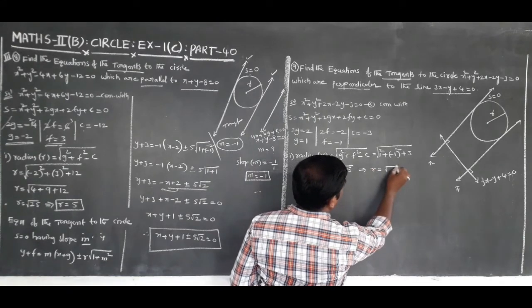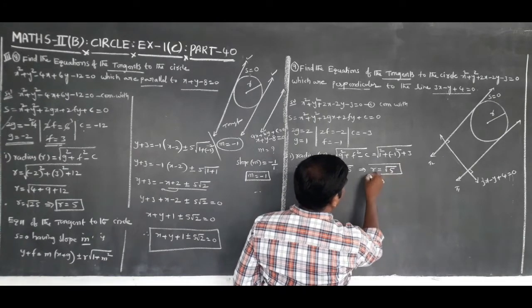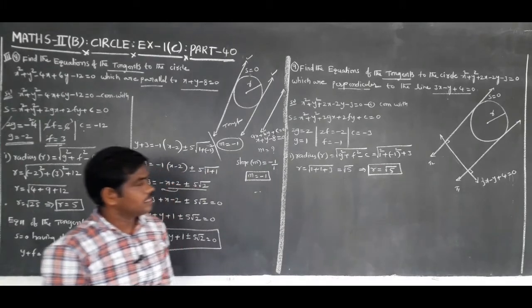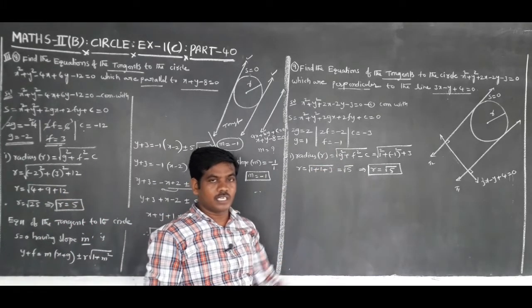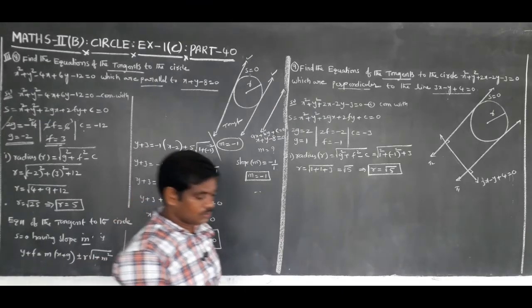Therefore, the radius of the circle is √5.